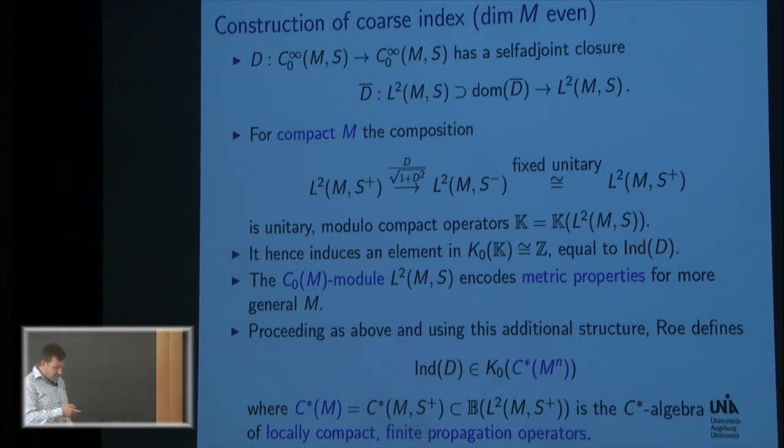It's much better to view the index as an element of this K theory group, K0 of K in this case, which happens to be equal to Z, because this gives us the opportunity to pass to more general situations and to define indices in more general situations. Maybe this is a little similar to going from Betti numbers, which are just numbers, to homology groups. And we all know that this is a lot better, gives us functoriality and all other kinds of useful properties.